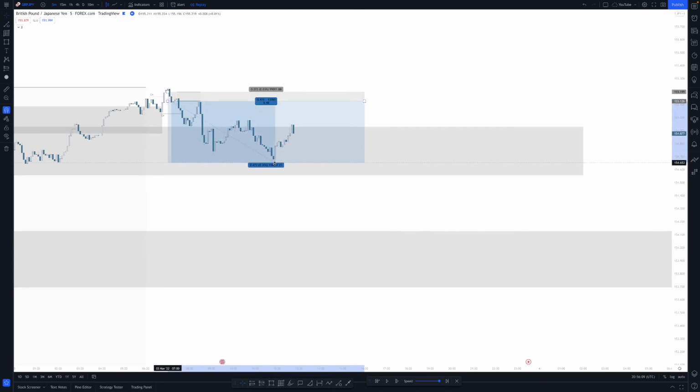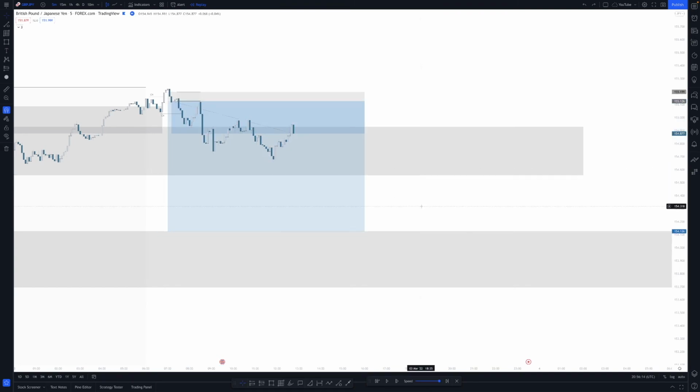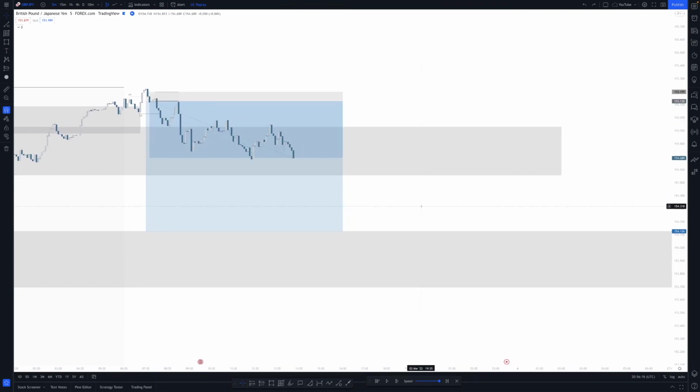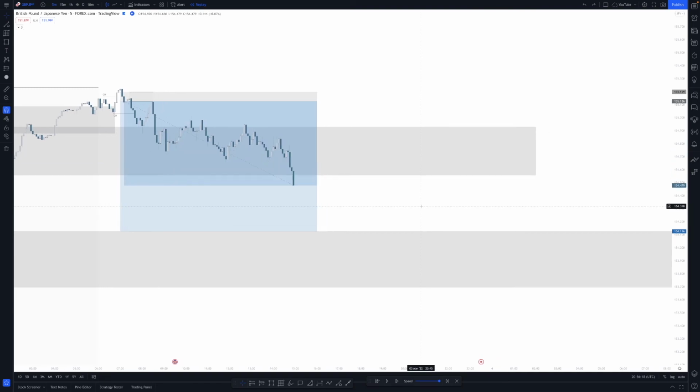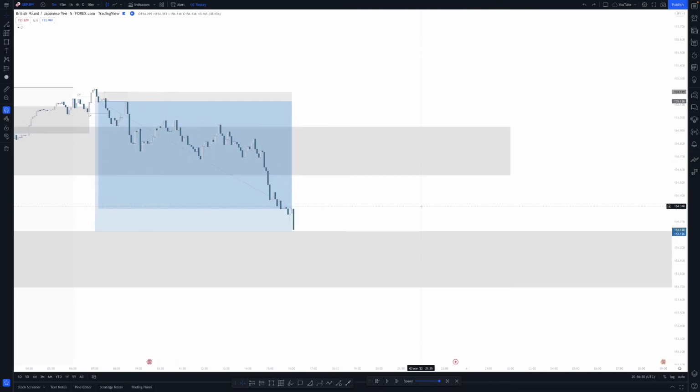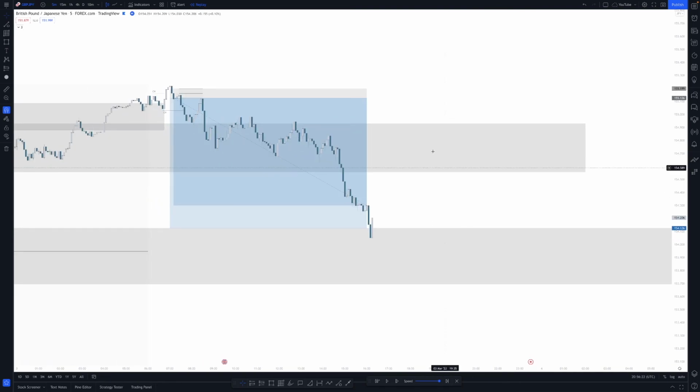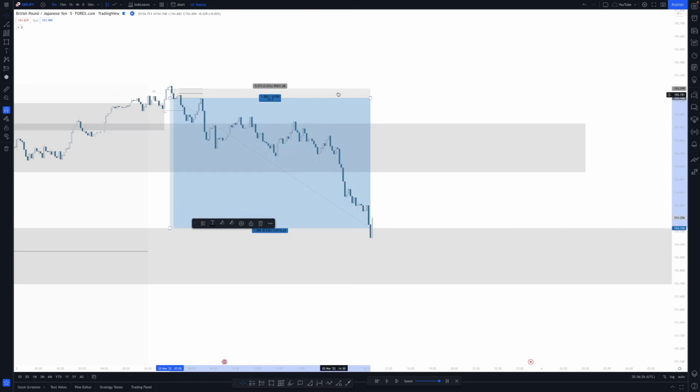So by this point we would be break even. And then literally just waiting for price to hit our target. And then as you can see, eventually it does come down and it hits our target, resulting in 13.7R.